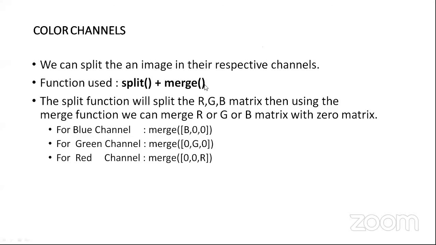Then we will use the merge function: if you get the blue matrix, you merge it with zeros, so green is all 0 and red is 0. So we will only see the blue here. This is the way we can split the color channels.